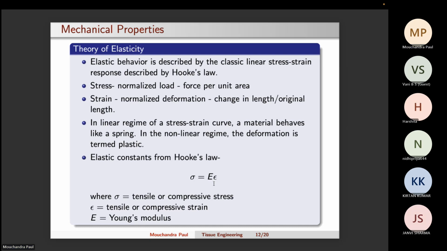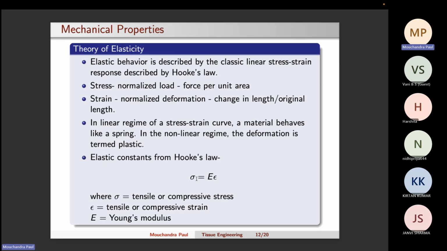Now, this stress can be of tensile nature, meaning your forces are directed outwards. You're pulling your sample, so tensile forces are there. Or compression, that is you're compressing your sample from both sides.